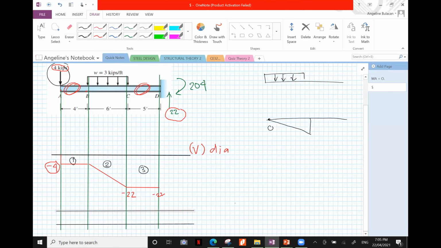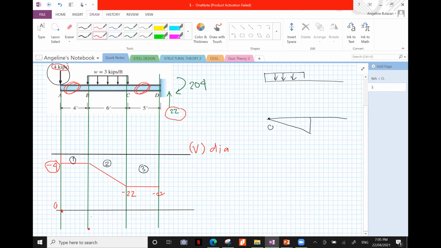Since this is a free end, tulad nung sinabi ko earlier, ang moment mo at that point should be equal to 0. Yung value ng point dito is equivalent to area 1, which is equal to negative 4 times 4. So, this is negative 16.